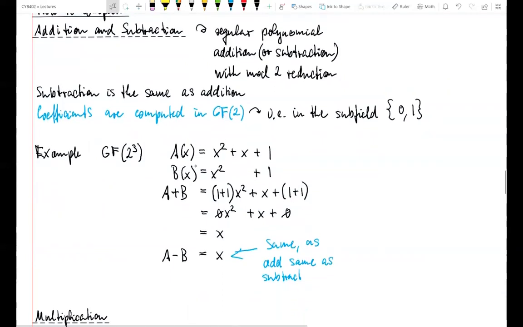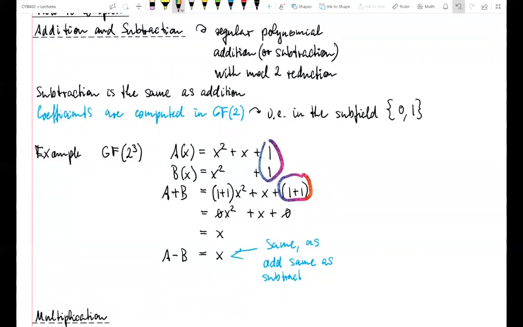So let's look into an example. We have two polynomials, a of x and b of x. A of x is this here and b of x is that. I wrote them already such that same orders of magnitude are one above the other. So what you see is when we add up 1 plus 1, we get 2 here. We need to modulo reduce that, and we get 0.